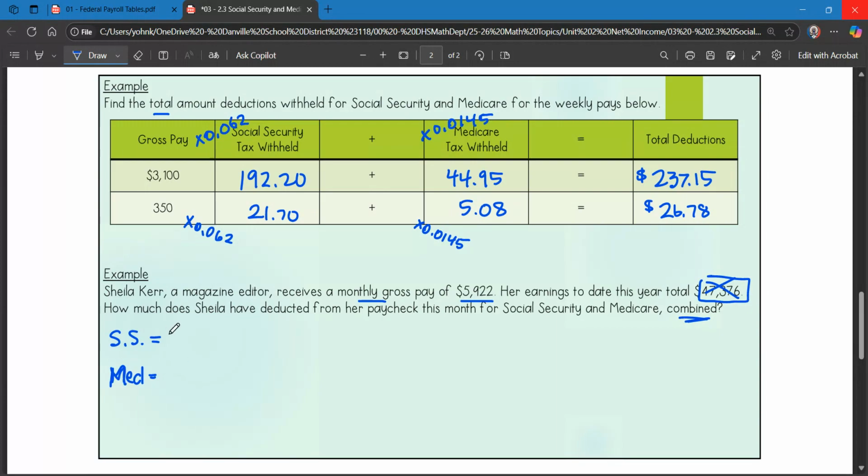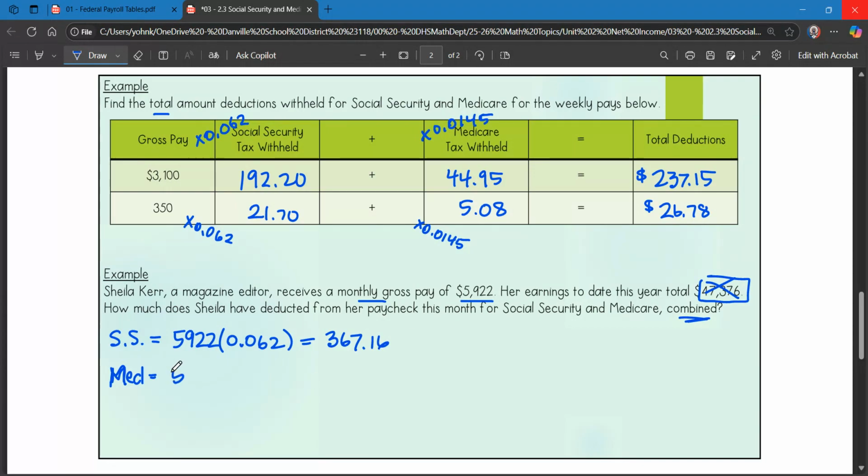All right, so Social Security is when you take the gross pay, which is $5,922, and you multiply by the Social Security percentage, which is 0.062 as a decimal. If I do this, that's $367.16.